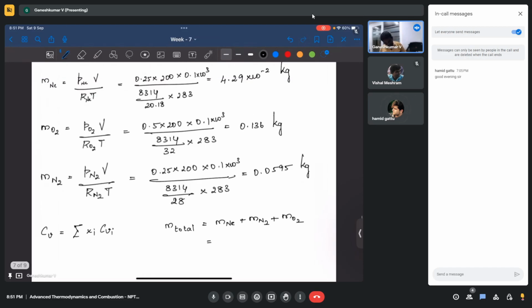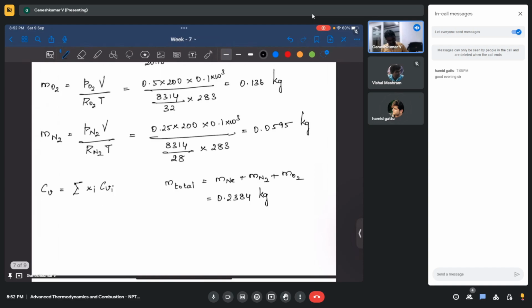If you add all the masses, how much is it coming? 0.2384 kgs. So this is the total kg.